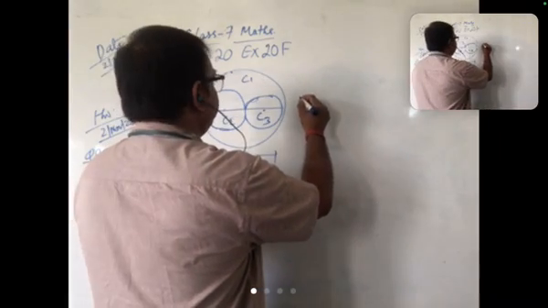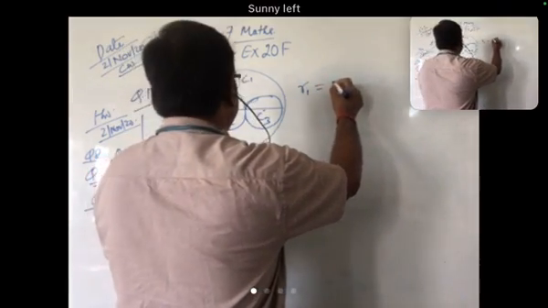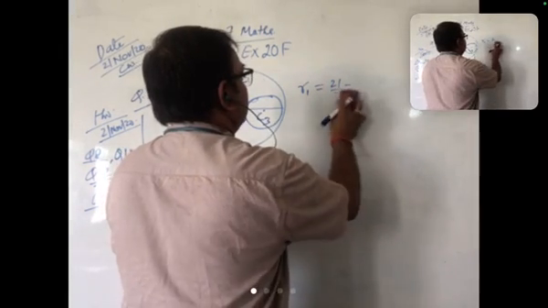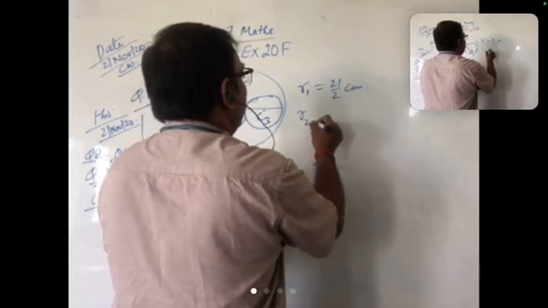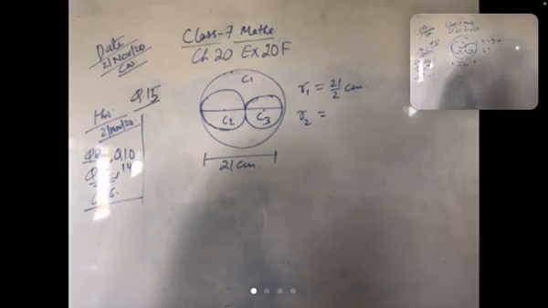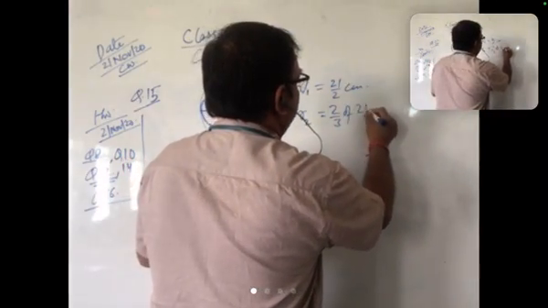So R1 is equal to 21/2 centimeter. R2 is equal to 2/3 of 21/2.